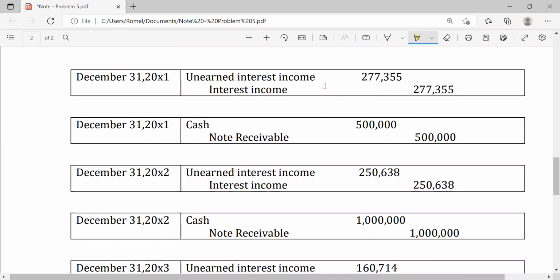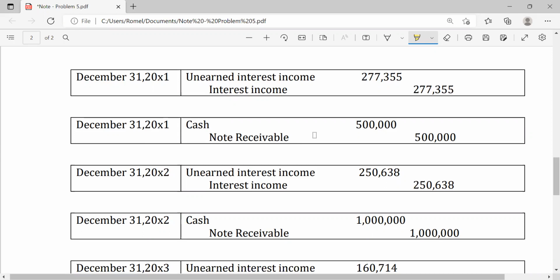Because we already earned the interest. So because of that, we need to record this journal entry. And then, for December 31, 20X1, you will be receiving the first installment. Or you can now collect the first installment worth 500,000 pesos.